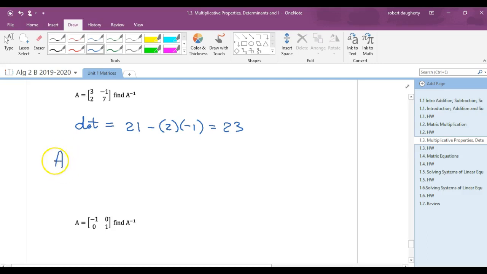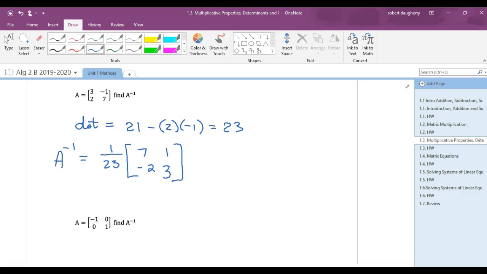So the inverse is what? 1 over what? 23. And then the adjugate matrix. Not arithmetic here, it's just switching things. So what switches places? 7 and 3 switch places. And then I get a negative 2 and a positive 1. And that's it. Okay. So that is the inverse matrix here.